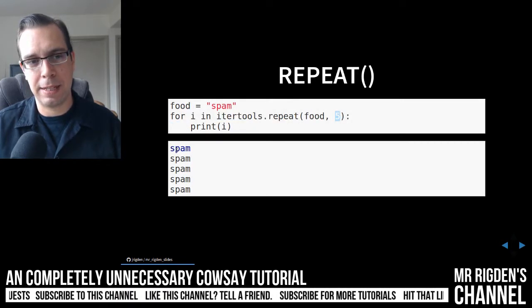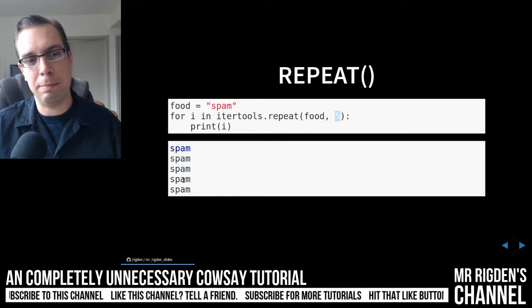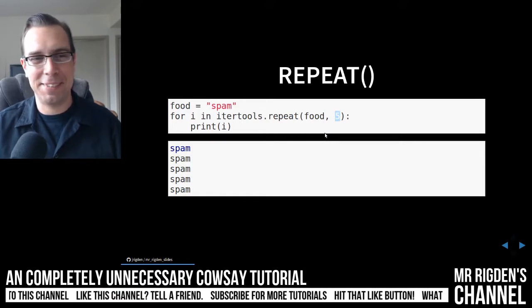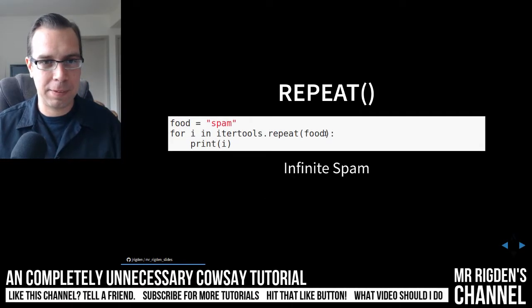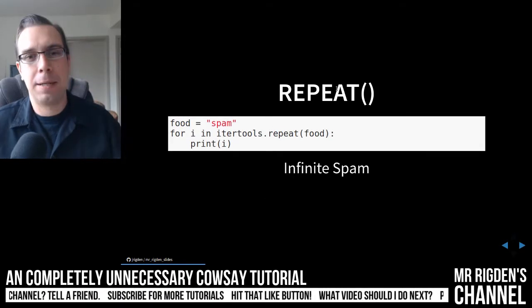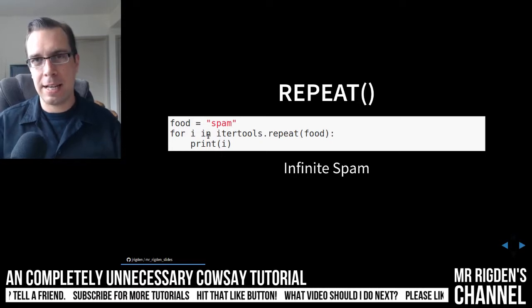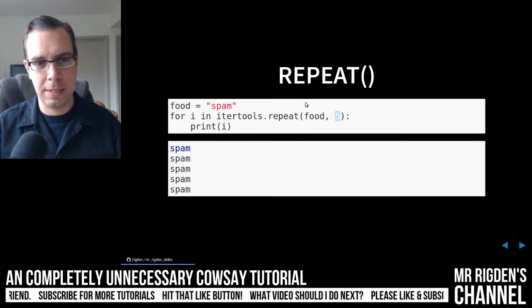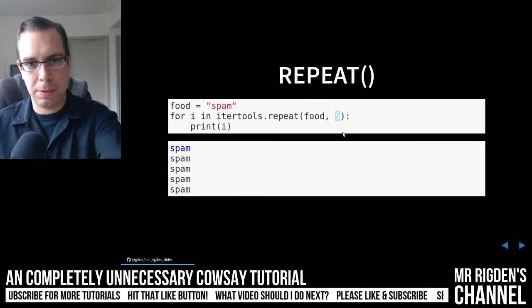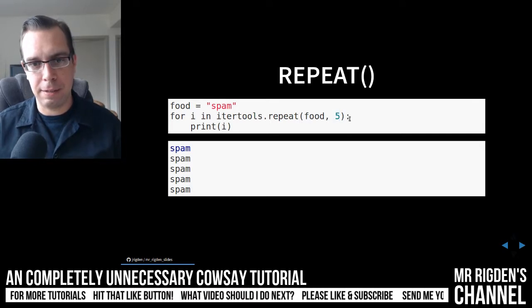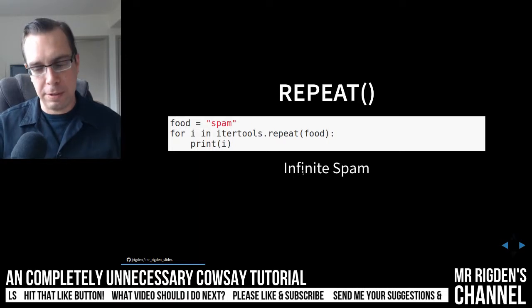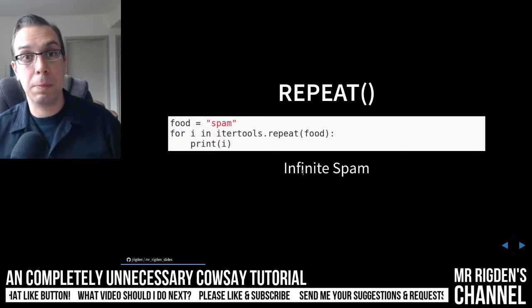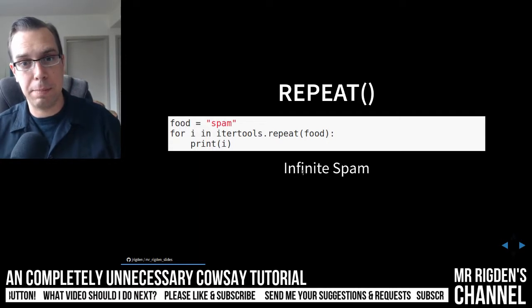We're going to print that, so it says spam, spam, spam, spam, spam. If we didn't have that limit, the times argument, which here is 5, it would just keep repeating spam for infinity, or at least until we stop it manually.